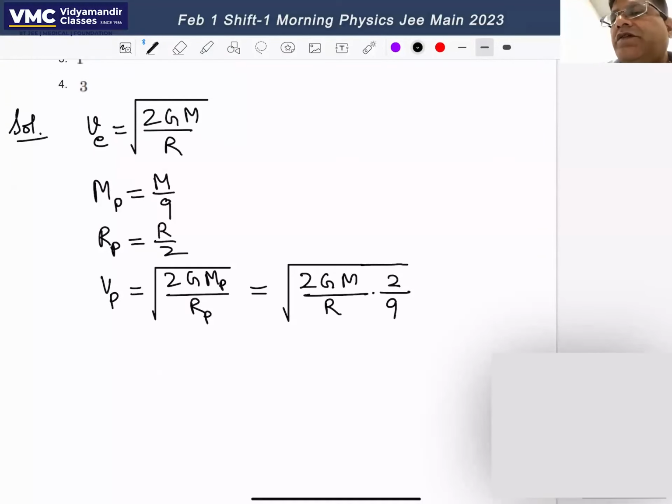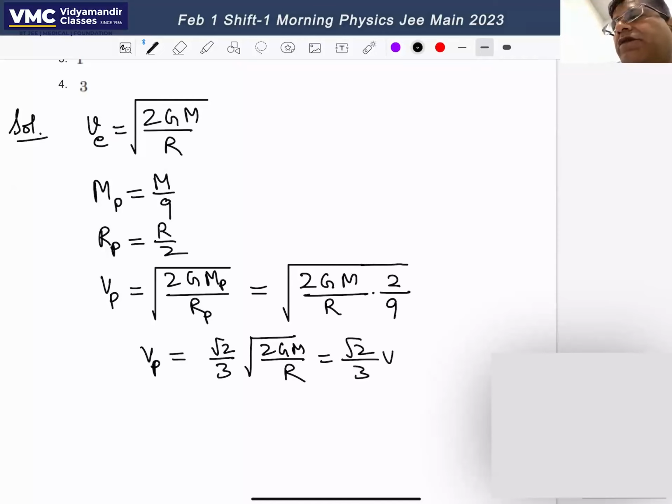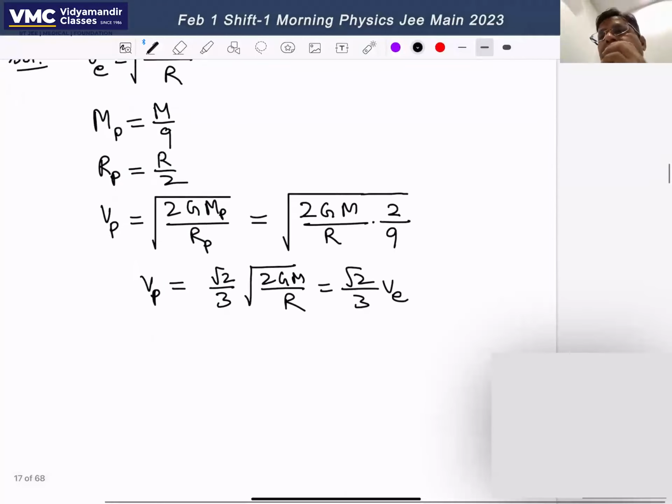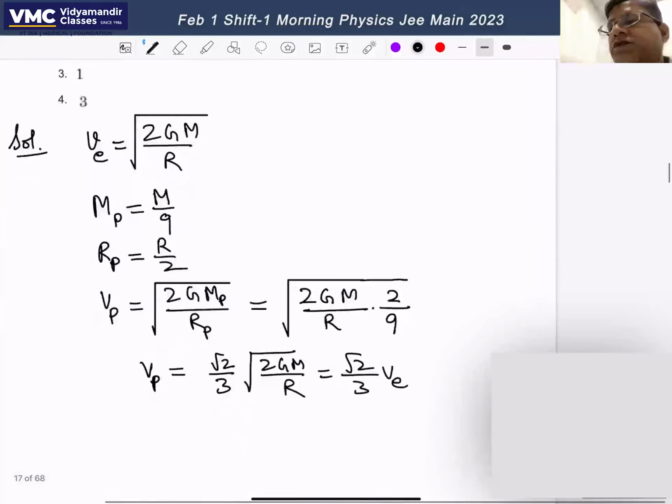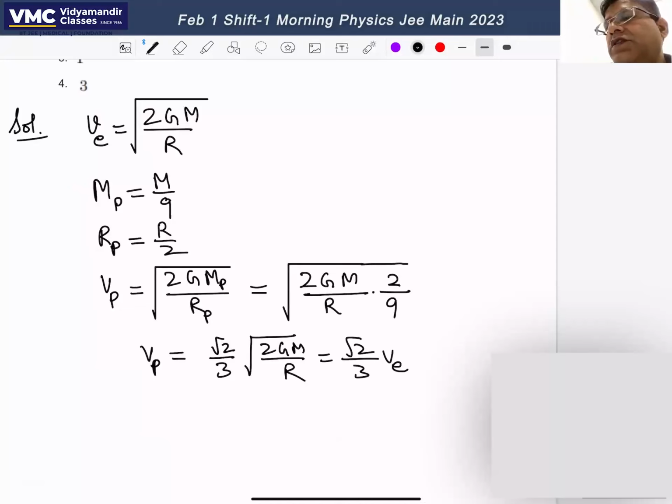So ultimately we get that the escape velocity at the planet will be root 2 by 3 times under root of 2GM by R. So it will be root 2 by 3 times the escape velocity on Earth. For this question, the planet velocity is given as root x by 3 VE.